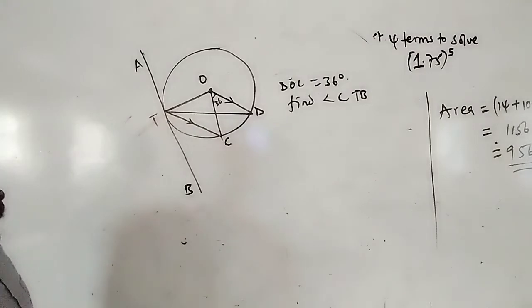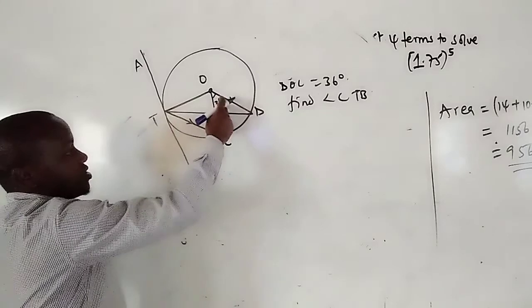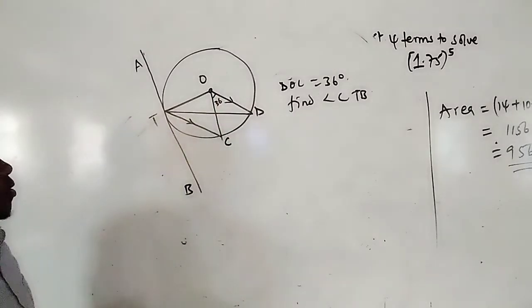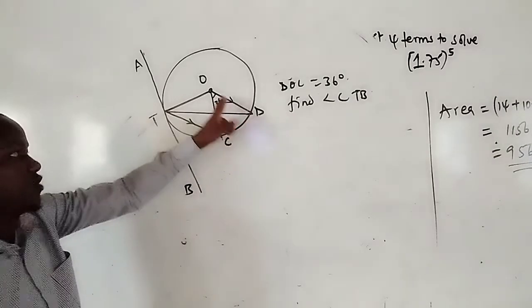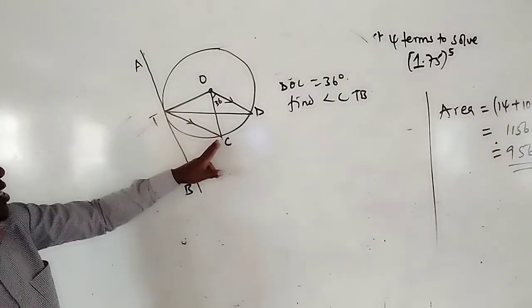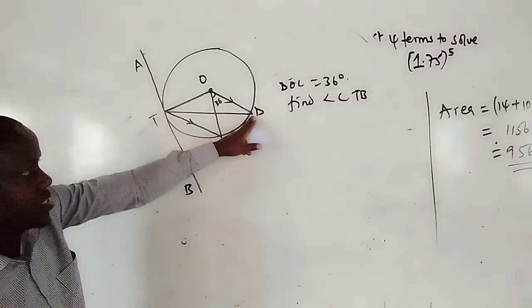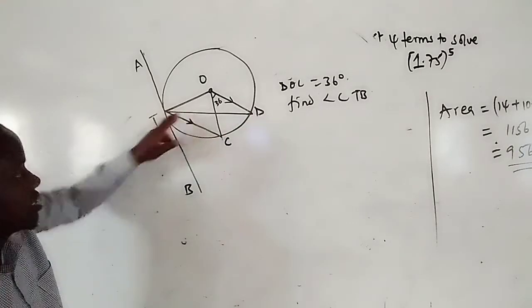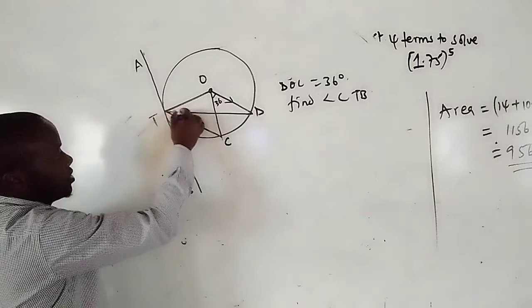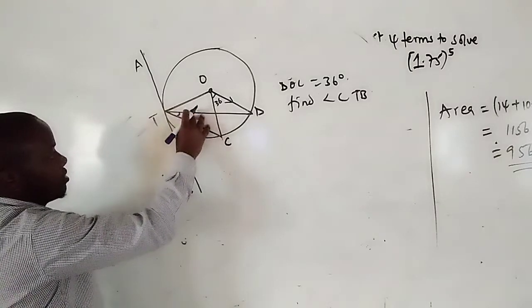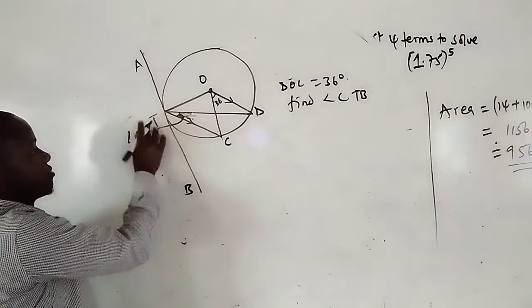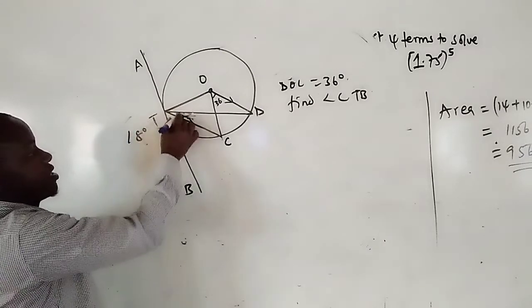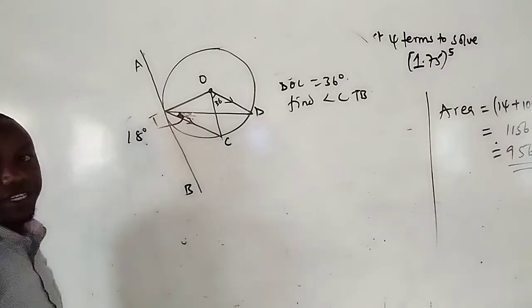So we are given this one as 36, and it is the angle which has been subtended by chord CD at the center, meaning that the same CD at the circumference is subtending an angle which is half, 18. So this angle is 18 degrees.